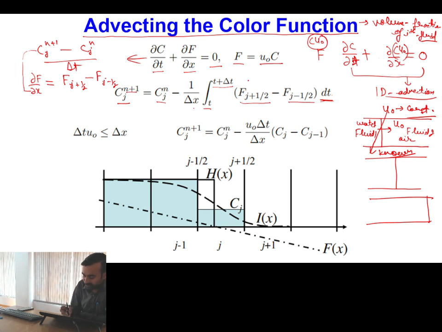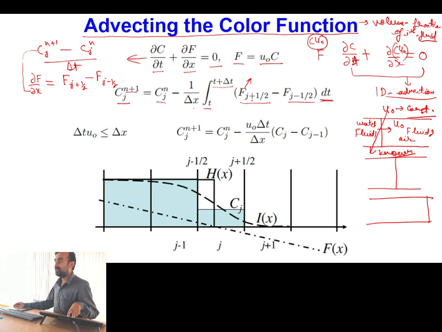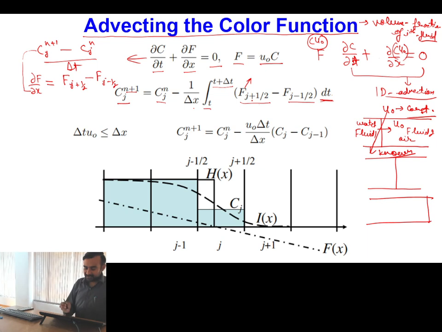Now for f, I have to decide whether I will be calculating it at time level n or time level n plus 1. If I consider that I am calculating f at time level n, then this can be represented in terms of the color function. It will become nothing but a known parameter from the previous time level data, and ultimately I can easily solve this numerical integration.